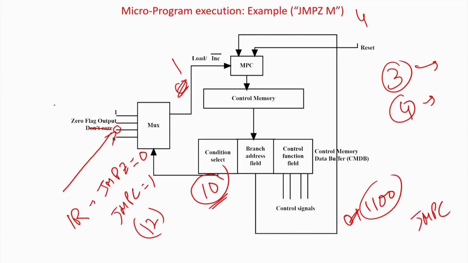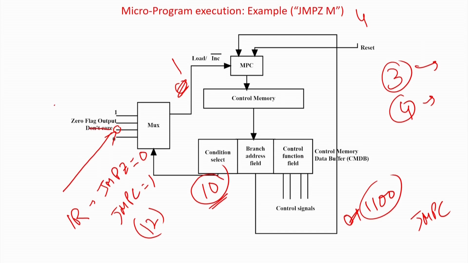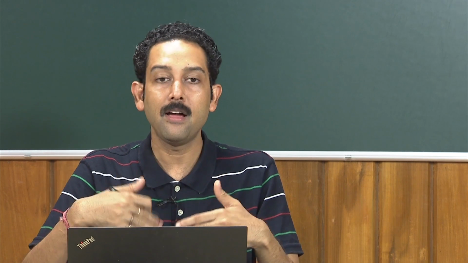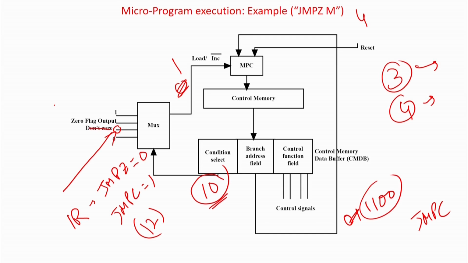In fact there are two constants, one is 1 and one is 0, one for default load and one for default increment, but the other inputs will correspond to different conditions. Here we have just assumed that two instructions are there, so we have taken a 4:2 multiplexer, but if the number of instructions combined and the number of IO signals are large, generally in a practical sense this mux is quite large in size, and the condition select also is larger in width. For the time being I am just making a simple assumption for you.